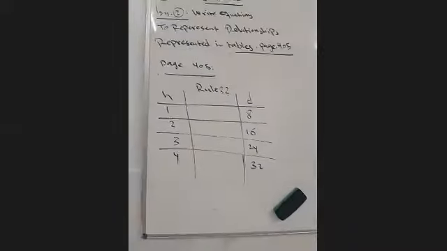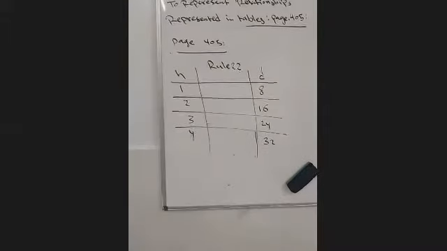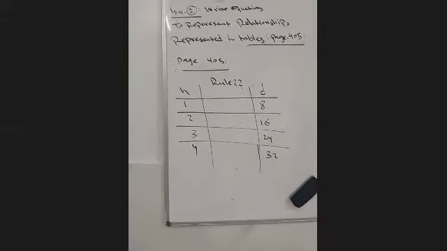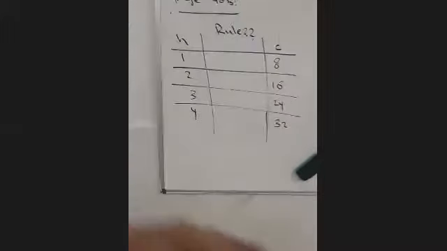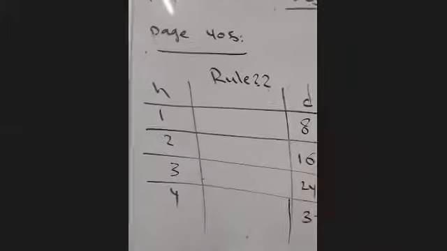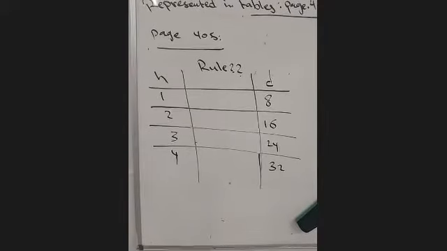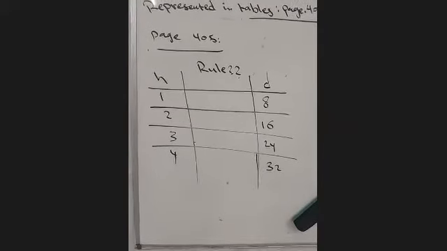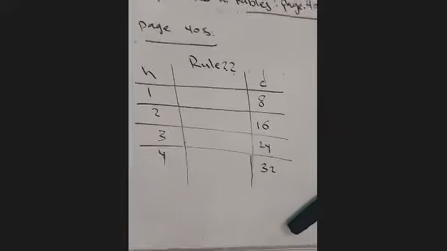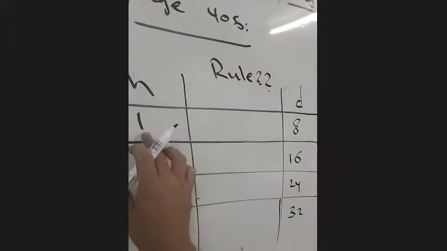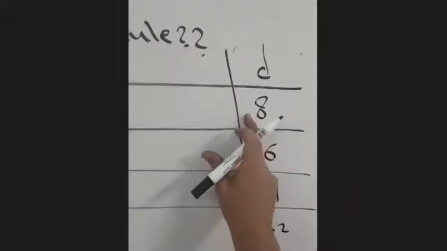Who can help me here in filling this one? Hilal. Yes, mister. Hilal, how does the 1 become 8? Plus 7. Plus 7, mumtaz. So 1 plus 7 is 8.